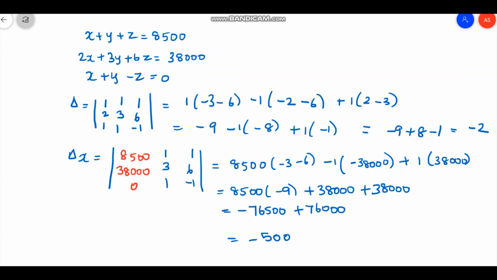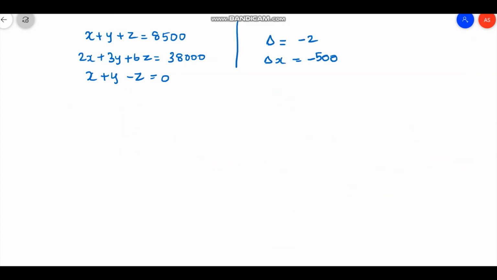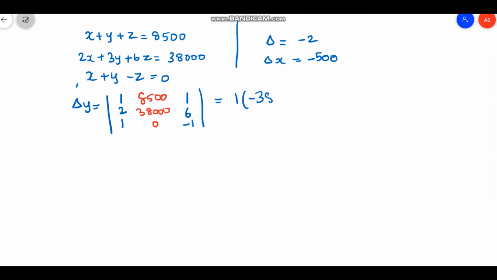Now what do we get? Delta y. So delta y is equal to the x coefficients remaining the same, 1, 2, 1, and the y coefficients change to 8,500, 38,000 and 0. And the last column, the z coefficients, remains the same: 1, 6 and minus 1. So it equals 1 into minus 38,000 plus 8,500 into minus 2 minus 6.